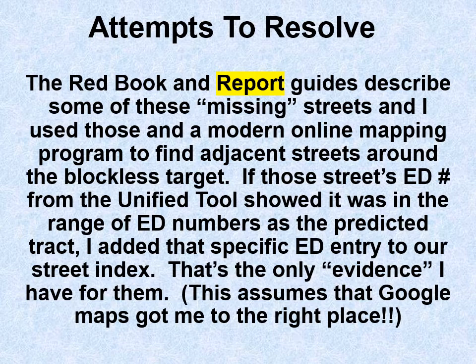I entered those streets around where they said it was, and if those street ED numbers from the unified tool showed it was in an ED with a range of ED numbers from the predicted tract, I added that specific ED entry to our street index, didn't put a question mark on it. And that's the only evidence I have for them, just a correlation. Of course, this assumes that Google Maps got me to the right place. And if you believe that Google will get you to the right place in Philly all the time, I got a surprise for you later.